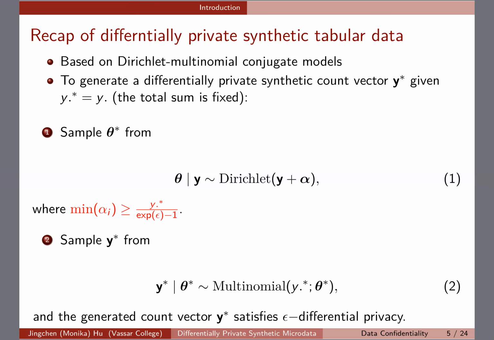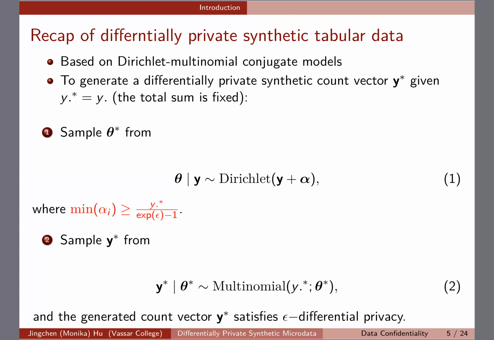Equation 1 makes sure that theta itself will be differentially private once this condition is satisfied. Then with the theta star that we get, any synthetic data that you generate, in this case a table based on the multinomial function, will be differentially private y star.